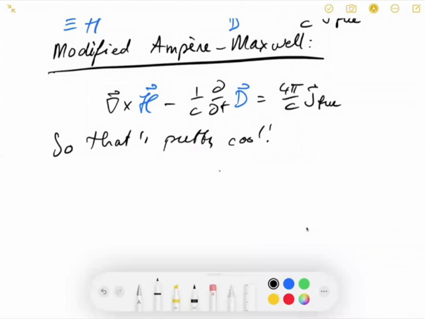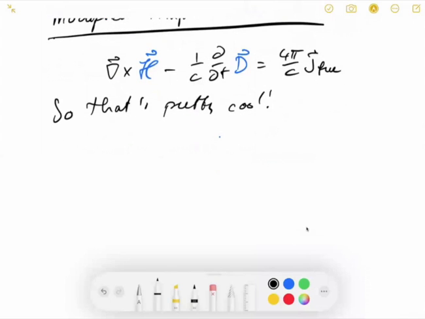Because this is in the original form of Ampere-Maxwell's law, we can again do things with boundary conditions, and usually we'll have a material number 1 here and a material number 2 here. Now, of course, we can't do anything with Gauss's law, but we could do something with an Amperian loop.